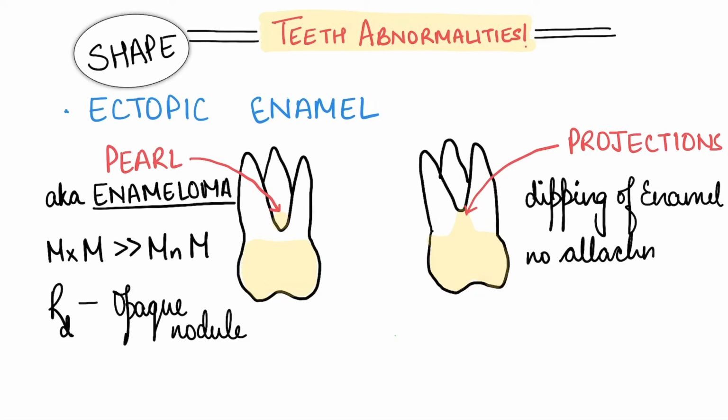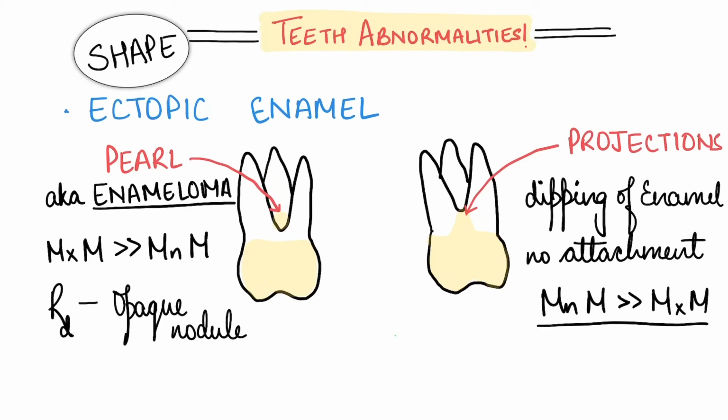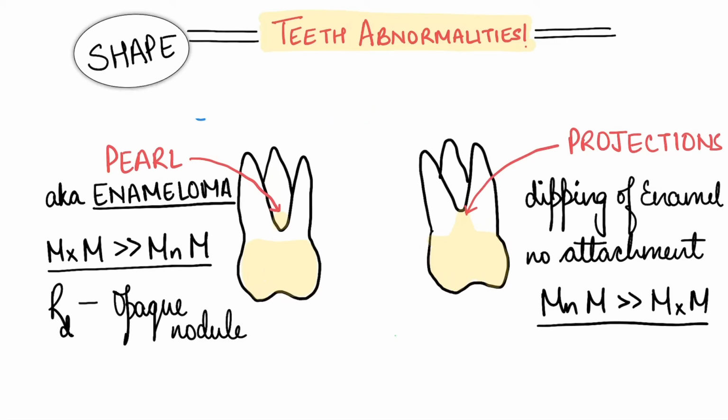So the enamel extends apically from its CEJ, or you can say there is no normal CEJ present here. So as the connective tissue does not attach to the enamel, these extensions have been correlated positively with localized loss of periodontal attachment with the furcation involvement. It is more commonly seen in mandibular molars than maxillary molars.